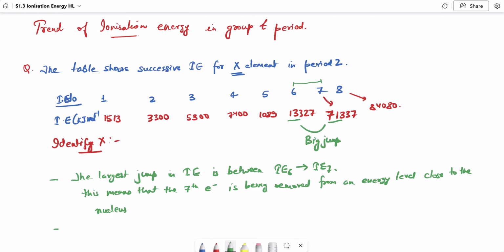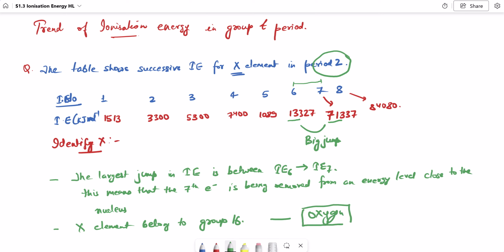Therefore element X belongs to group 16, and if the element is in group 16 and in period 2 as per the question, it must be oxygen. This is the answer.